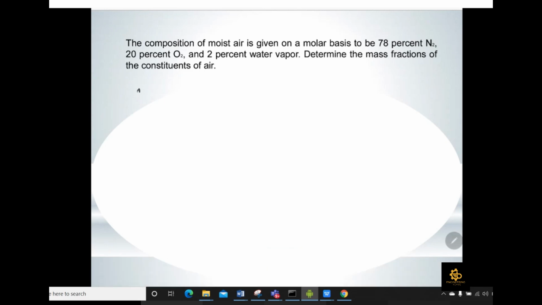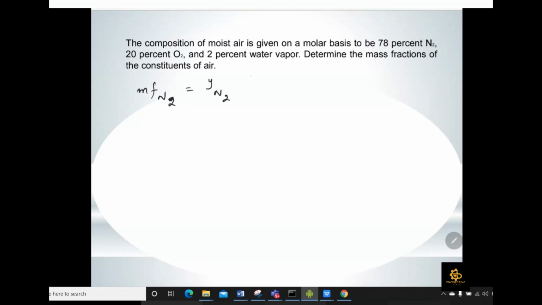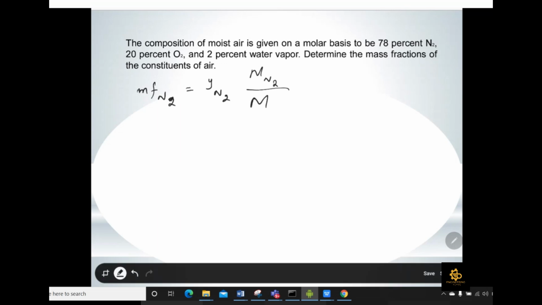For the mass fraction of N2, we can simply say it will be equal to the mole fraction of N2, which is mentioned in your question, times the molar mass of N2 over the molar mass of the mixture.